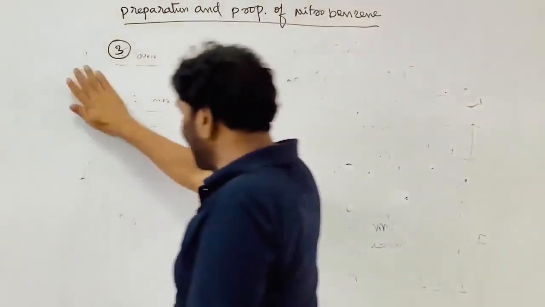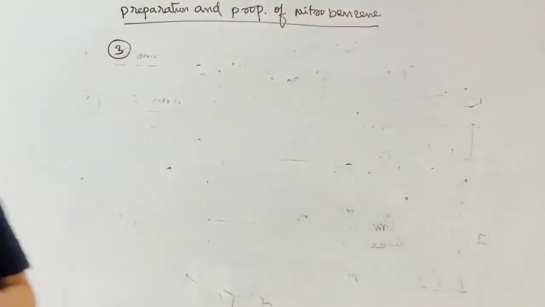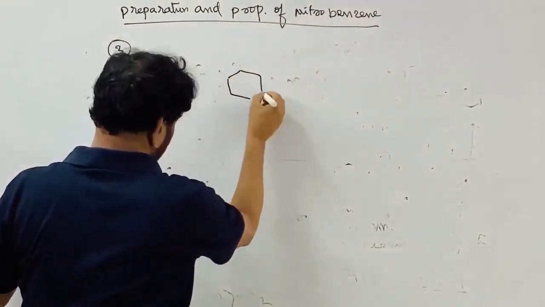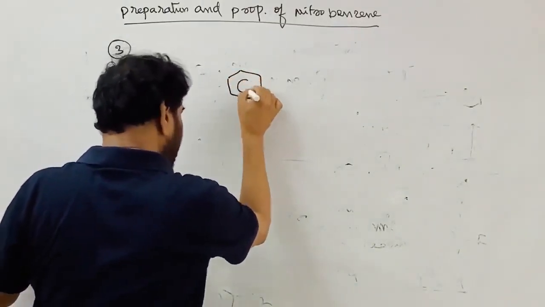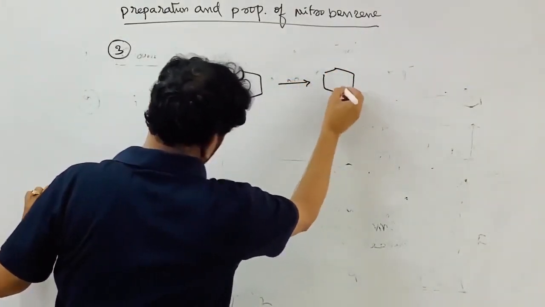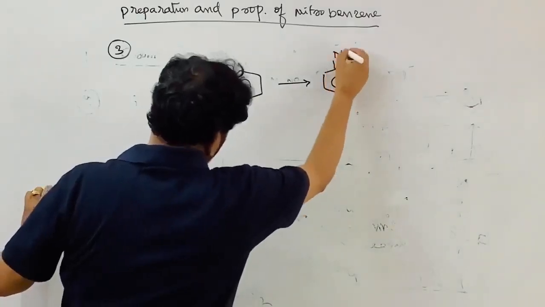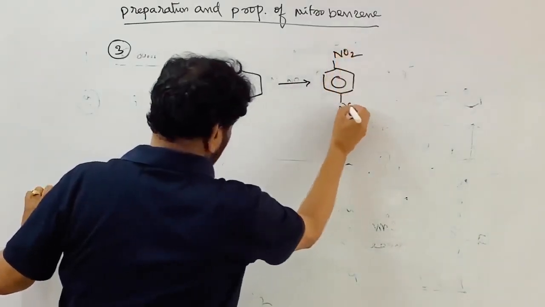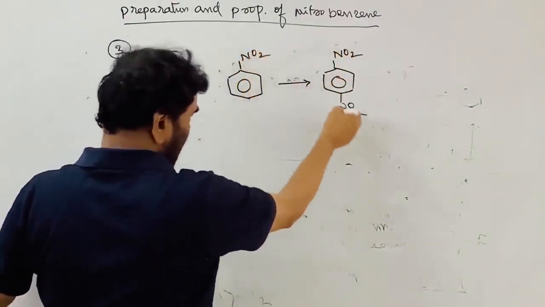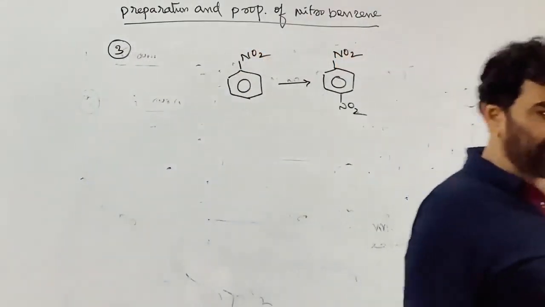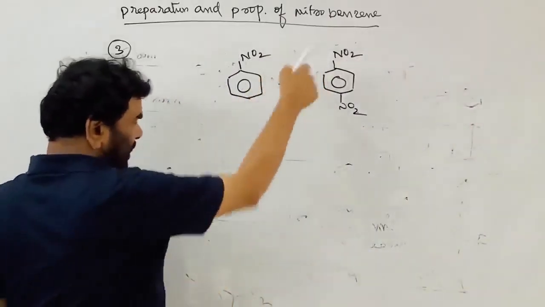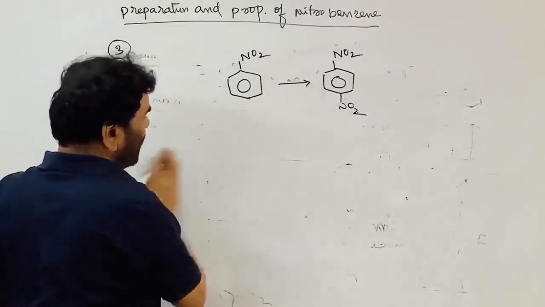Suppose you want to prepare para-dinitrobenzene, from nitrobenzene. Para is a wrong relation for direct nitration, so how to prepare it?